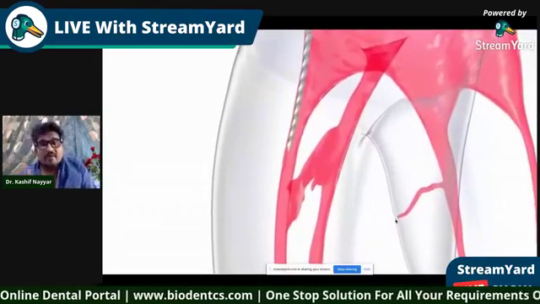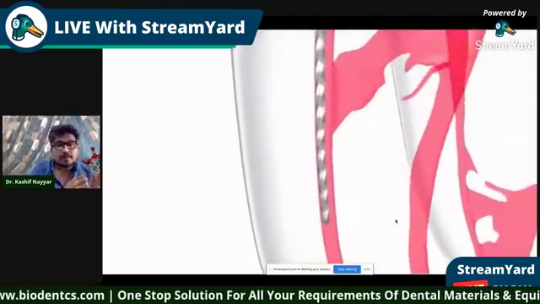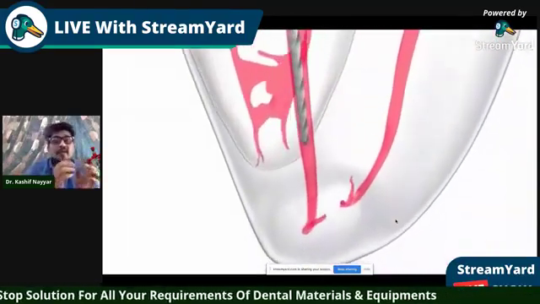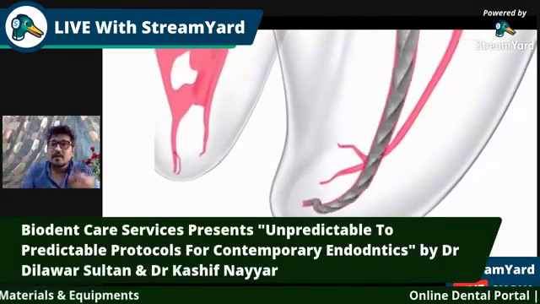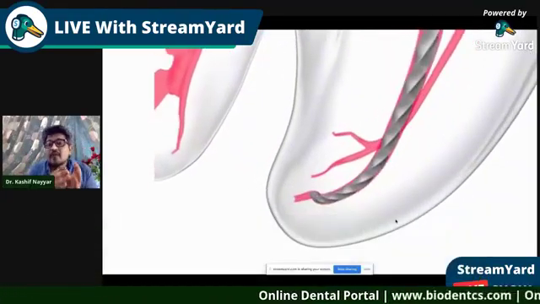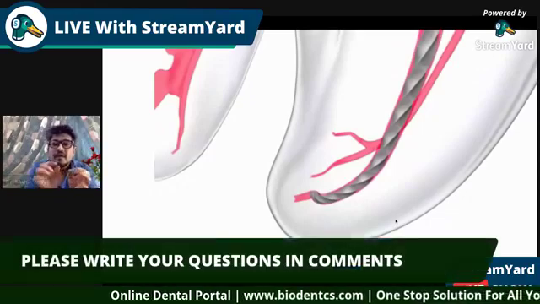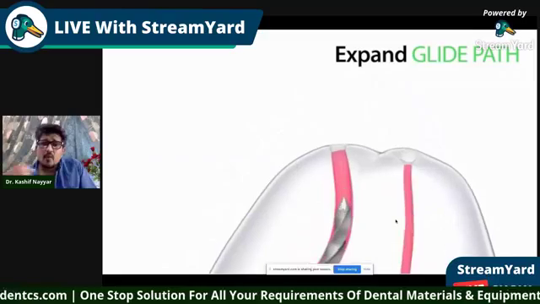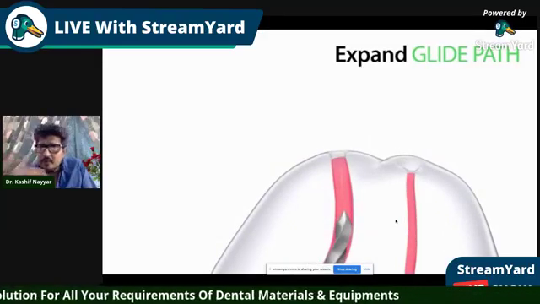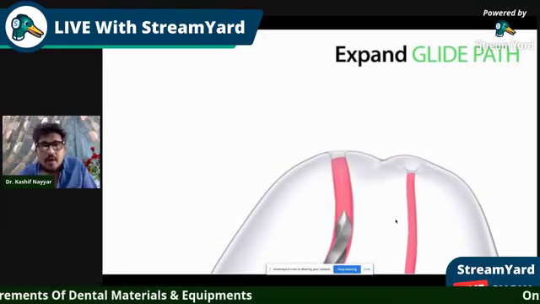So once you have pre-enlarged your canal and you have established the glide path, now it is time to enlarge the glide path. To how much extent we have to increase the apical portion, and we have to expand. For this reason, we can use rotary glide path files, and they are excellent these days.